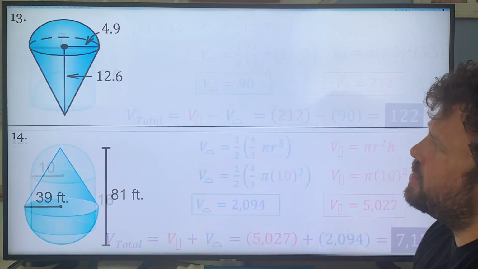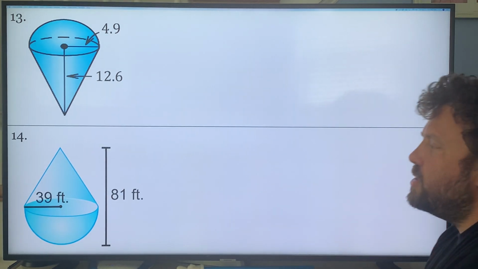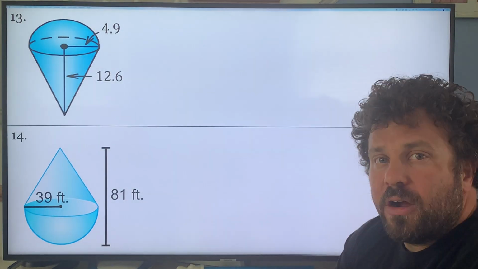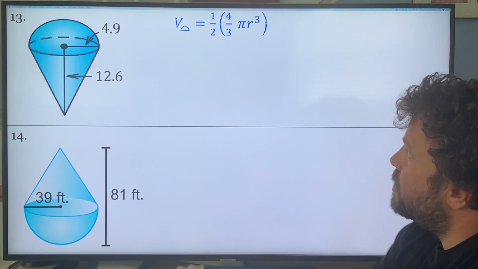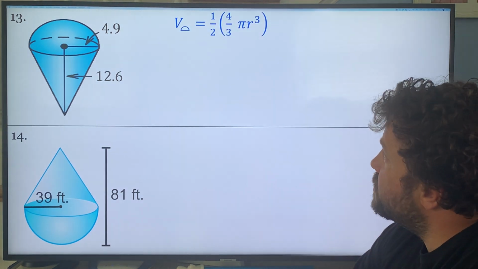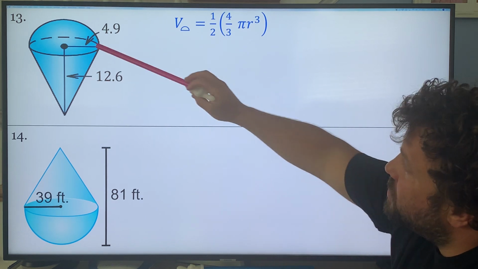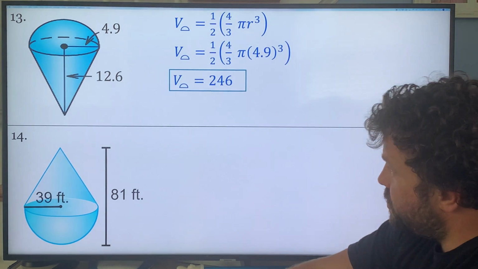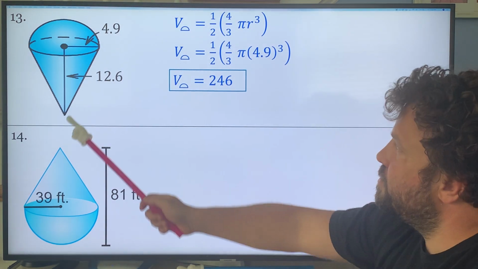Now let's move on to 13 and 14. As you can notice, these are both very similar problems, pretty much identical. They are hemispheres on top of cones. So, first one, 1/2 of 4/3 pi r cubed. Radius here is 4.9. 1/2 of 4/3 pi, 4.9 cubed, gives you 246.